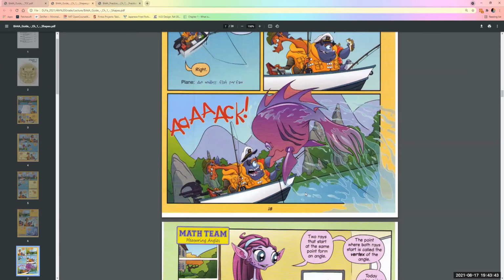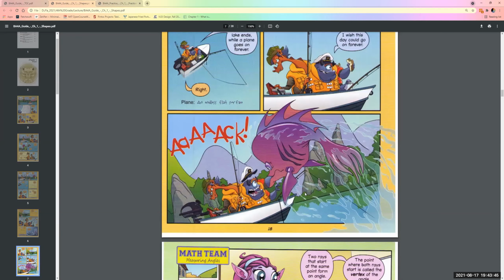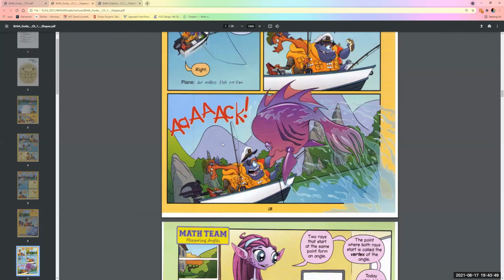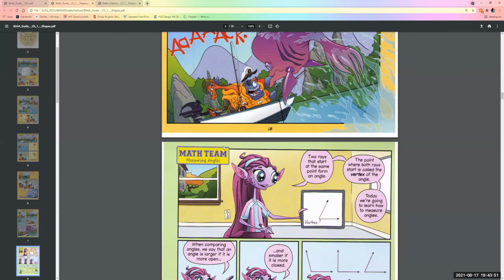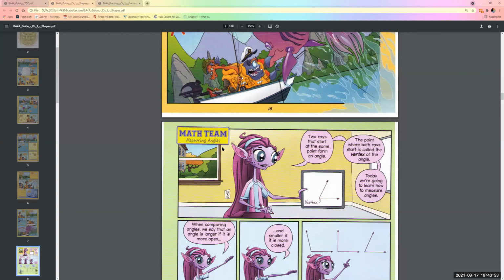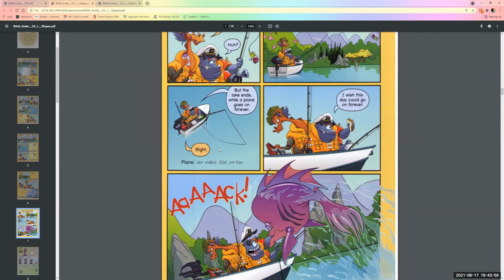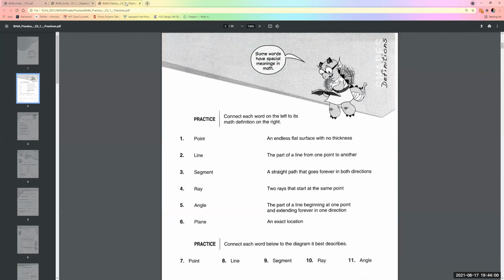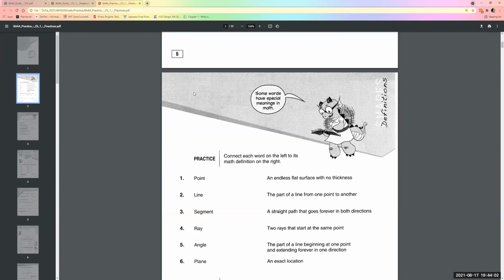So I believe this is the end of our first section on shapes. So the upcoming one is measuring the angles. Before that, since we finished this chapter, I will now cover some of the problems here.